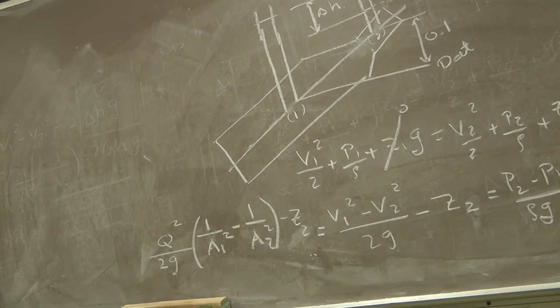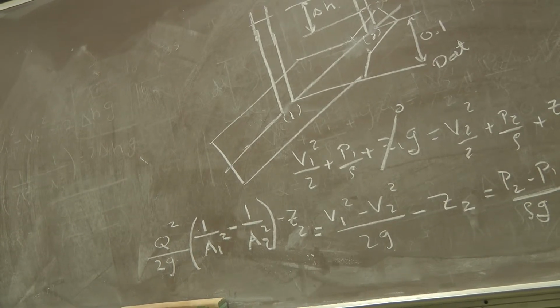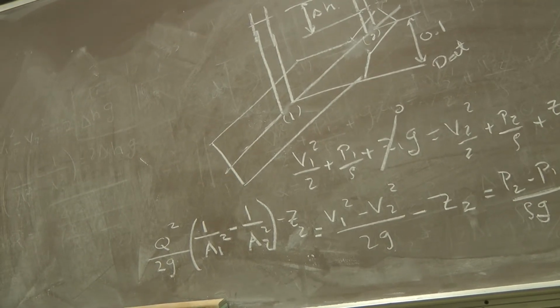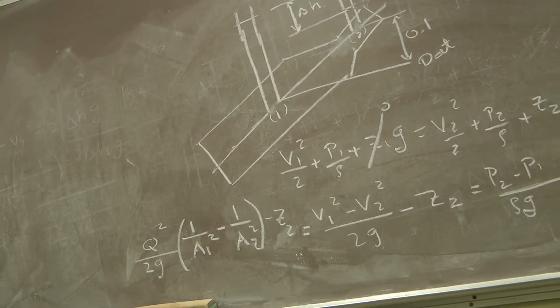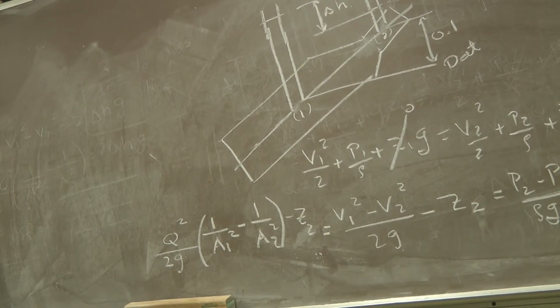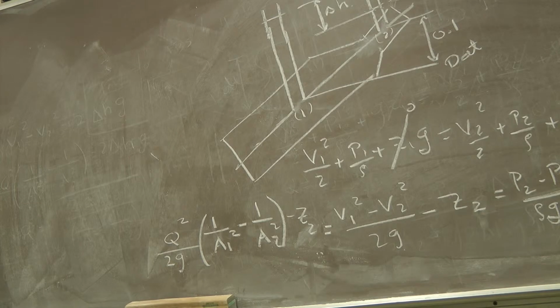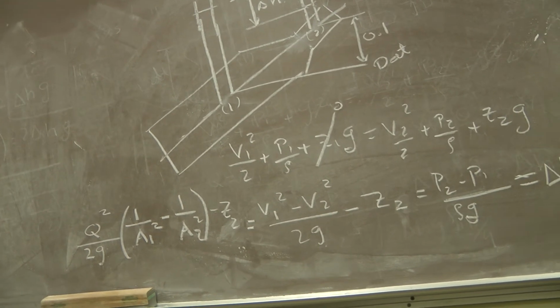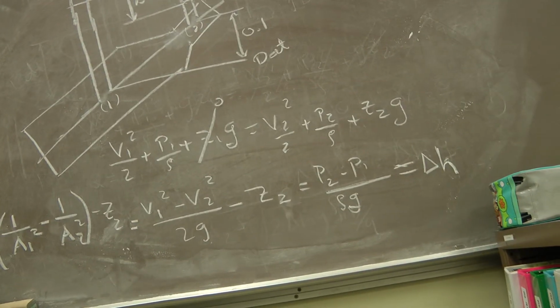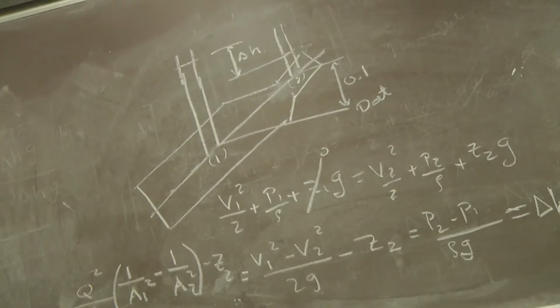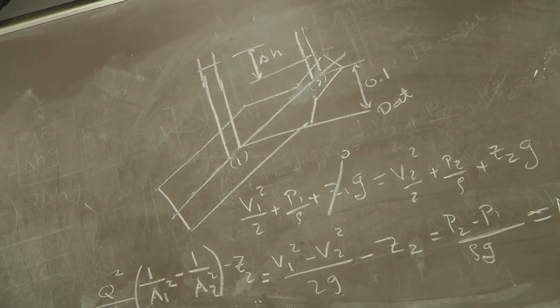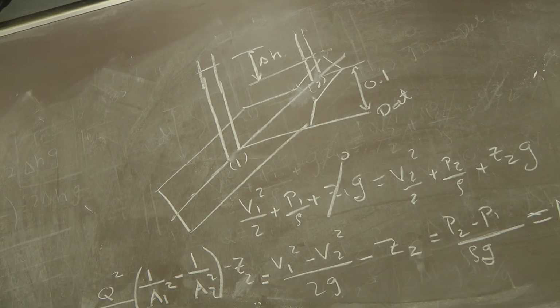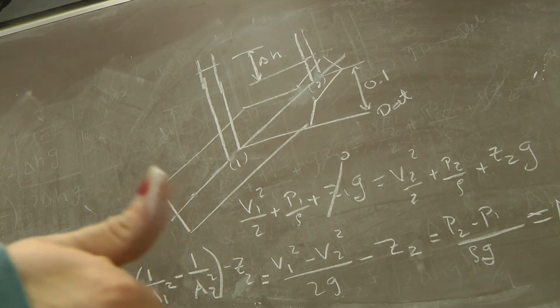Q was kind of complicated, so we got Q from problem 8, and we leave it as Q for problem 9. We know A's, they're a little long, and so we just leave it as A1 and A2. We leave Z2, we know it's some number, and then all of that is equal to delta H, and that's our final answer. So I hope Bernoulli's made sense. I hope you guys enjoyed. You guys seem to catch on pretty quick, so good job.